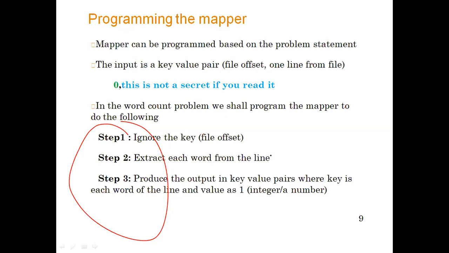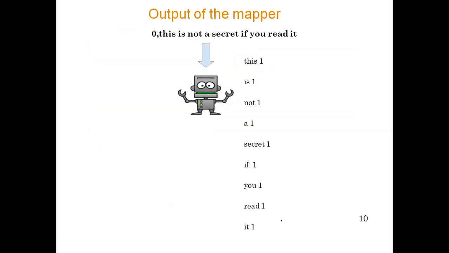Step 3 says for each word associate a key: use each word as a key and associate the integer 1 with each word. Whatever word appears, we assign one numeric value, 1, with each output. So the output of the mapper will look like this.